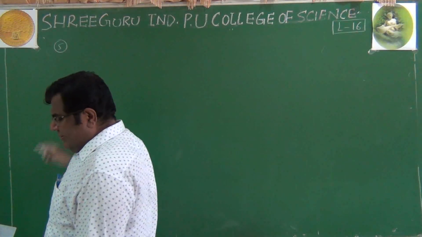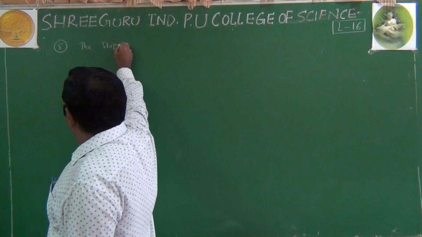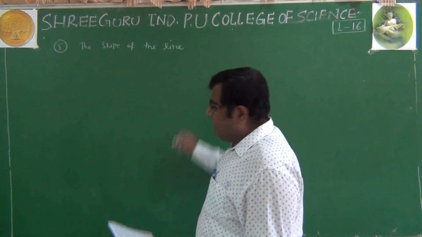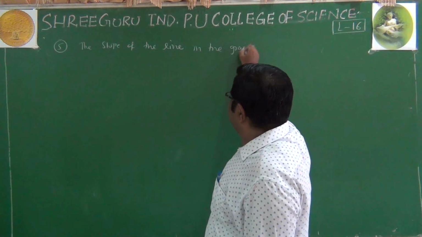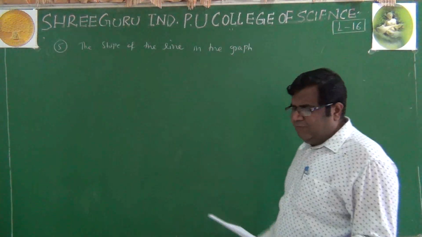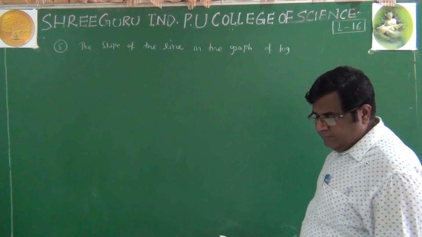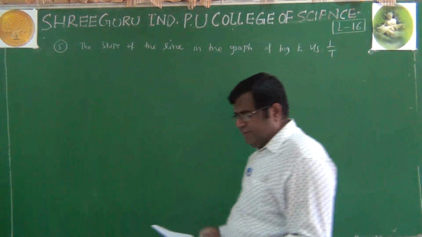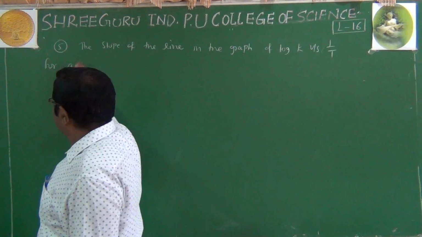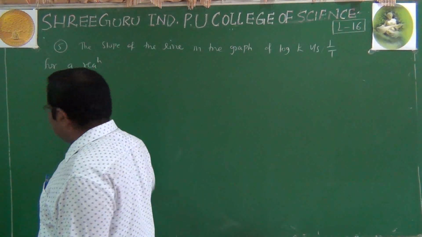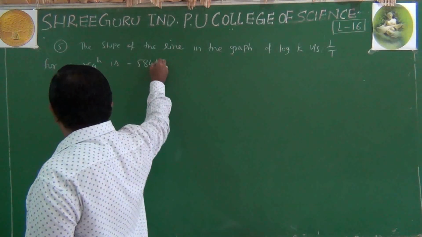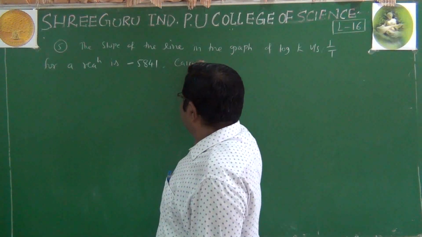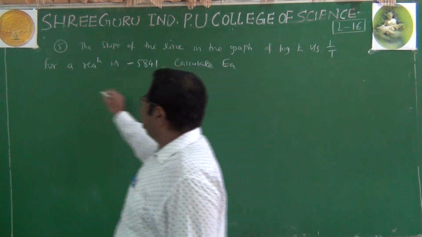We are solving: the slope of the line in the graph of log k versus 1 by T for a reaction is negative 5841. Calculate the activation energy.